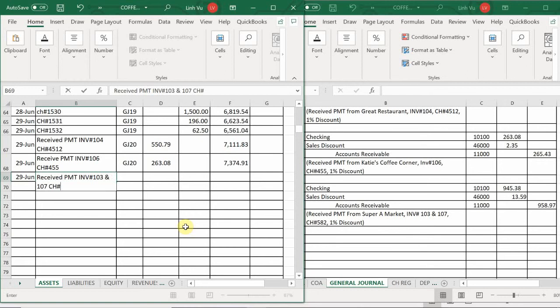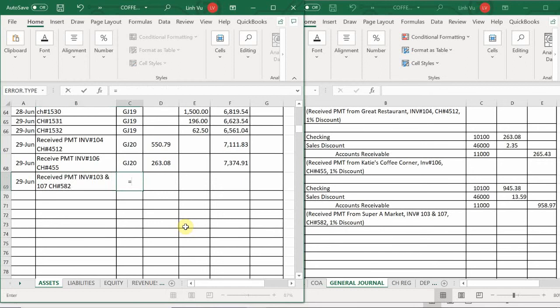Okay, with check number 582. All right, and we got it for $945.38, which then brings my account balance up to $8,320.29.